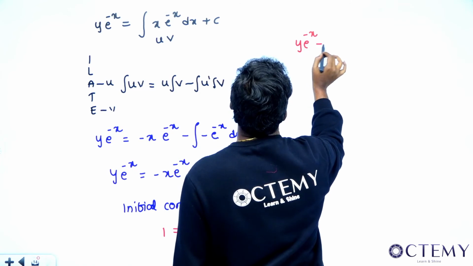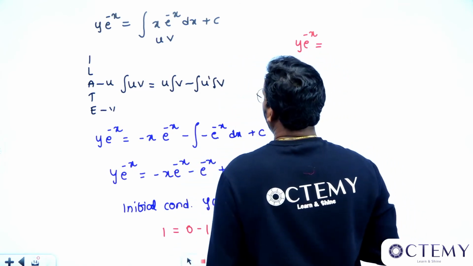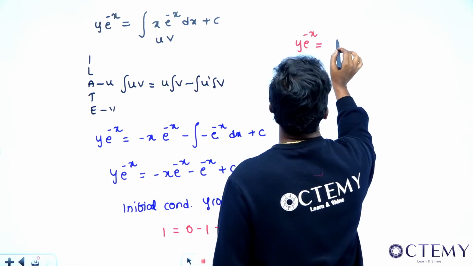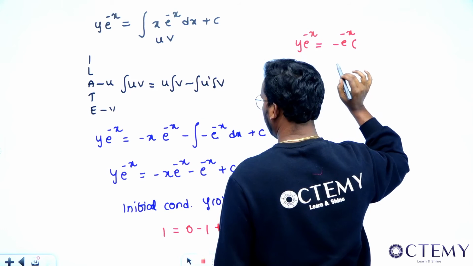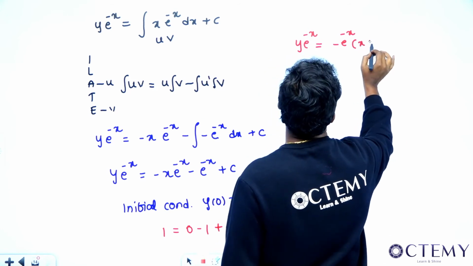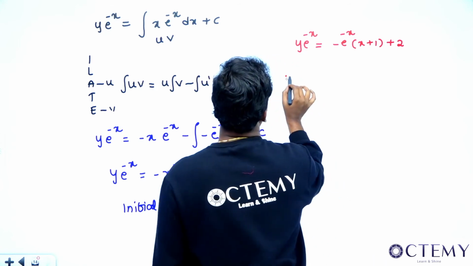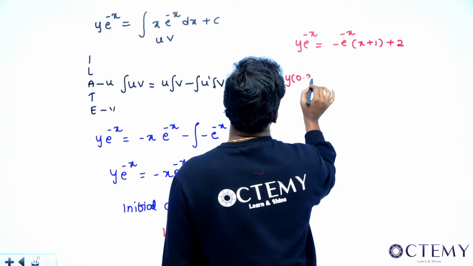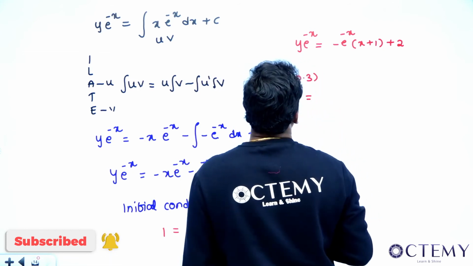Then what is the final solution? y into e power minus x is equal to minus e power minus x into x plus 1, plus 2. Now in this I have to find y of 0.3. So see, sir, what will y of 0.3 be equal to?